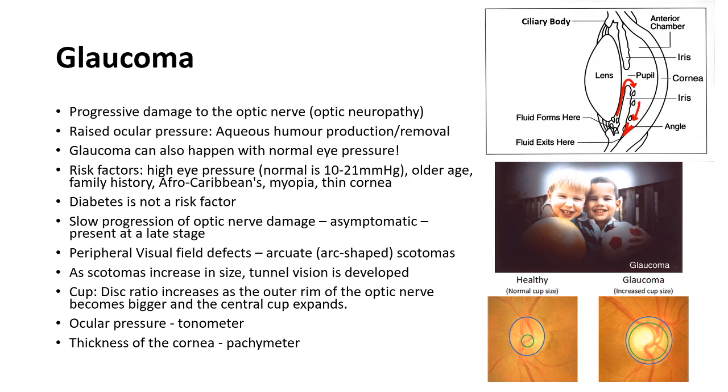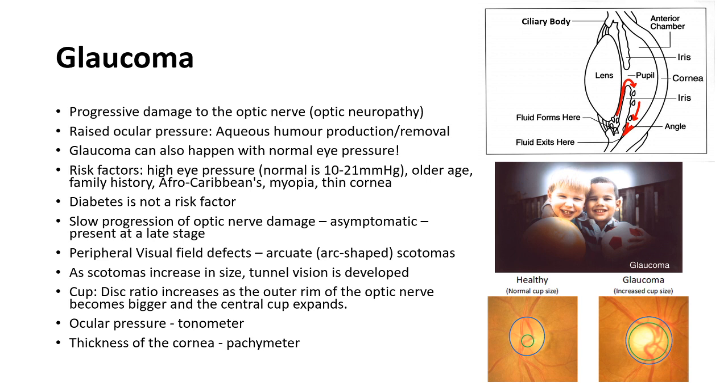It is again important to note that diabetes is not a risk factor for glaucoma. Most of the optic nerve axons can be damaged before any symptoms of visual loss become apparent. This means that patients may present at a late stage when most of the axons have already been damaged.